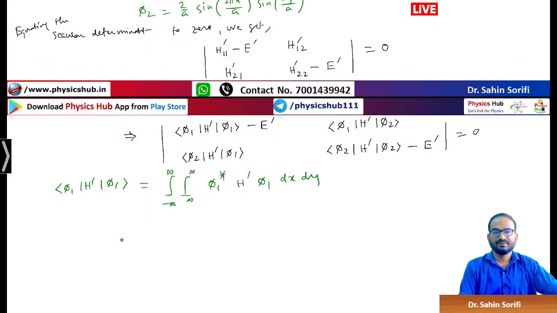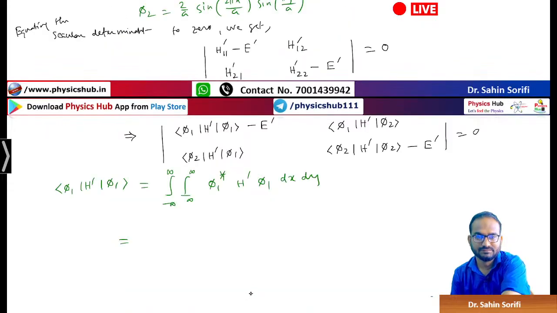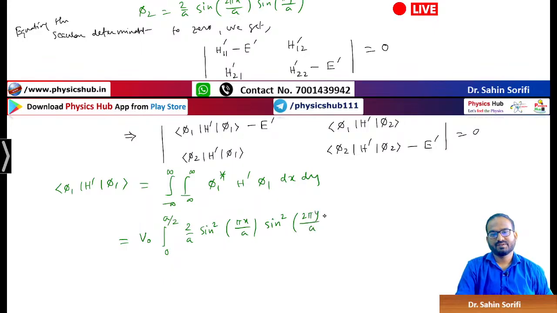Understood? Now what is h prime? H prime is given to you. It is V naught between 0 to a by 2, 0 to a by 2 for x and y. Phi 1 star, phi 1 same, 2 by a sin square pi x by a sin square 2 pi y by a.